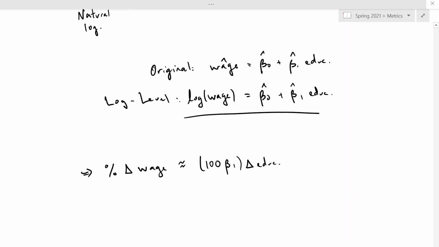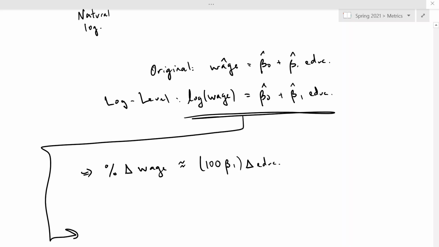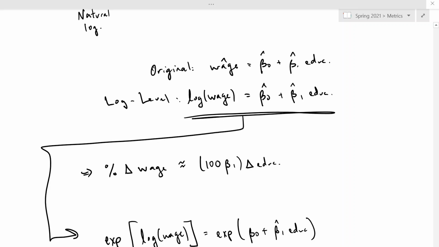Basically, if we take this equation here and we take the exponential of both sides, so we have the exponential of the log of the wage is equal to the exponential of beta 0 plus beta 1 education. Well, e to the log of x is just equal to x. These are reciprocals of each other.